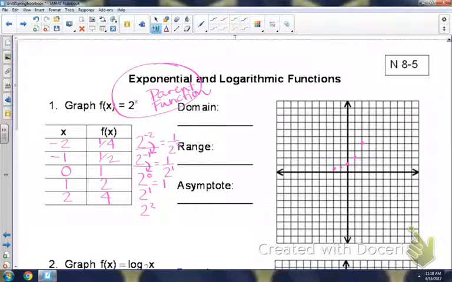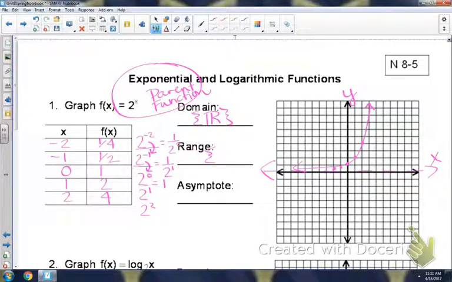Remember when we talked about exponential before, we have an asymptote, which means the line is approaching another line but never actually reaching it. So notice that this is approaching the x-axis there. Alright, we're going to look at the domain. The x-axis, notice it's continuous both ways. So the domain will be all real numbers. The range, however, if you look at the y-axis, it's all of your positive values.